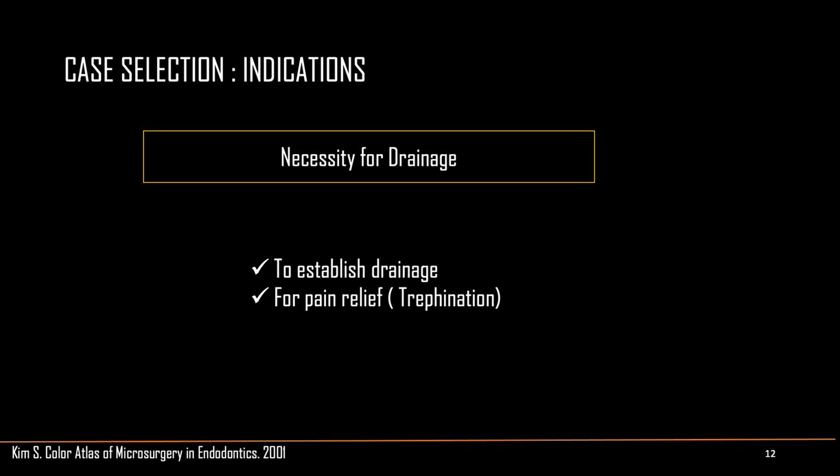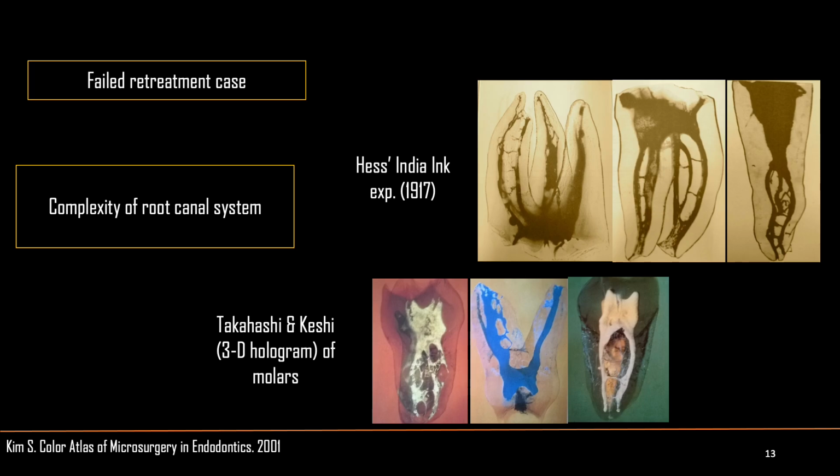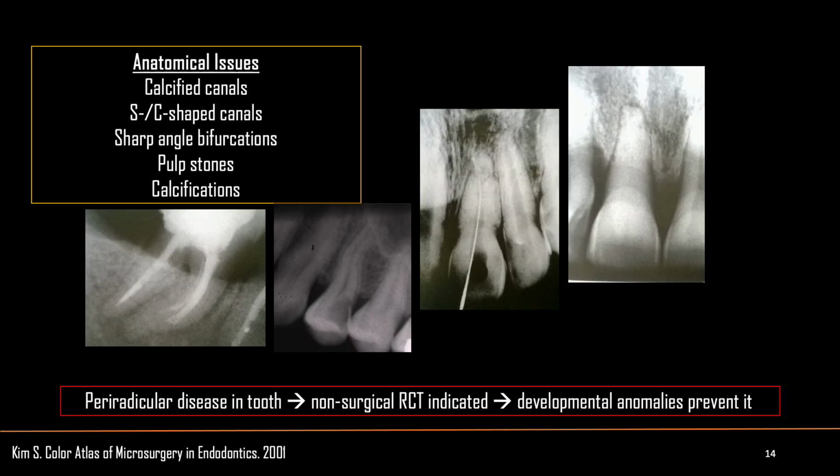Now, what are the indications for endosurgery? When there is a necessity to establish drainage and for pain relief, that becomes an indication for endosurgery. A failed retreatment case is also an indication. When there is a complex root canal system which cannot be cleaned through normal means, where BMP cannot be initiated successfully, then we do endosurgery.